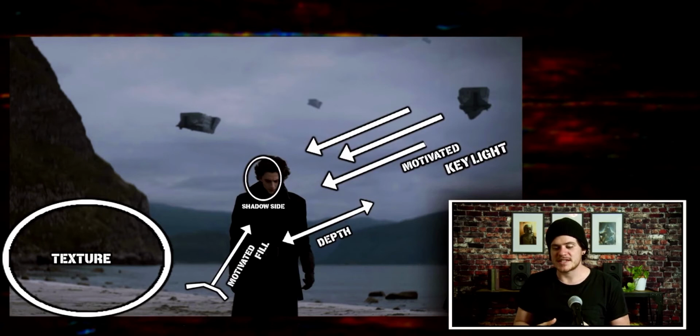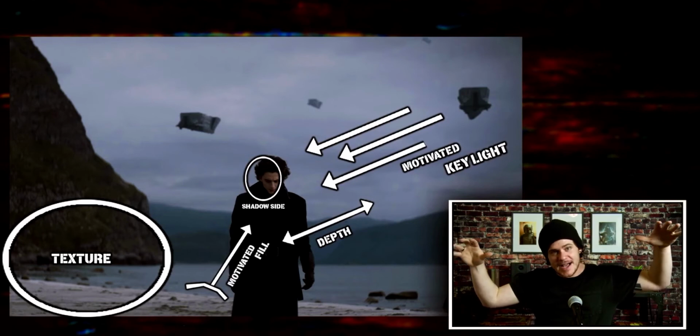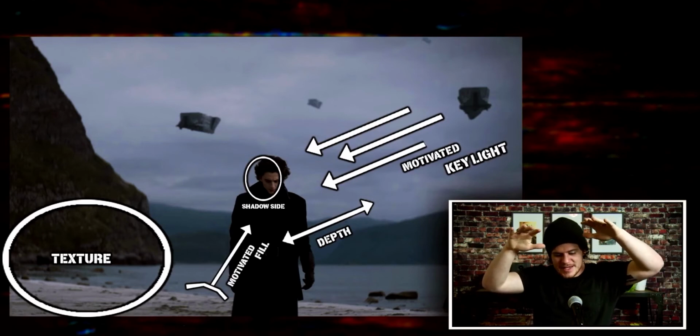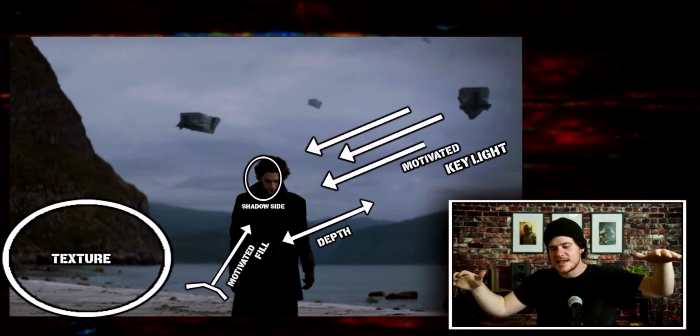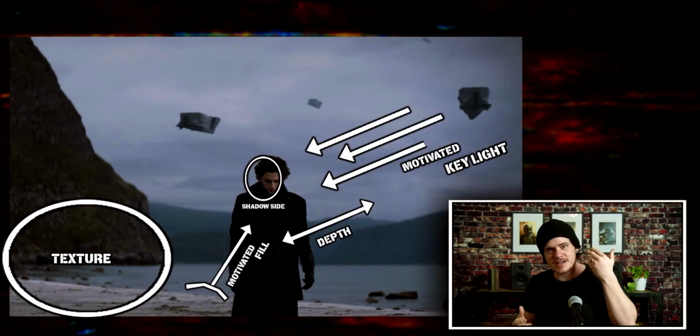You have the depth. Once again, the background is brighter than he is, and the tones are a little bit different. He's just the slightest bit warmer than the cool background that he is up against. And then you actually have the motivated key light. So although they're shooting in a day that's cloudy and it's kind of creating this softbox effect, you still have a side of the face that is being hit by a key light in a very, very soft way.